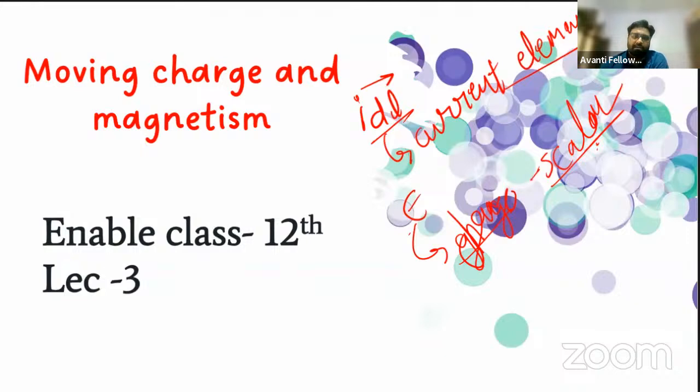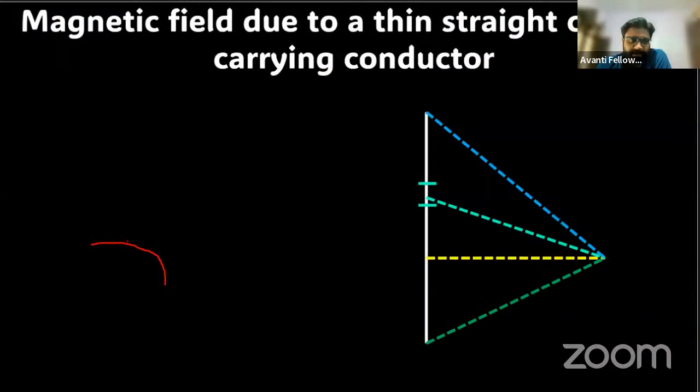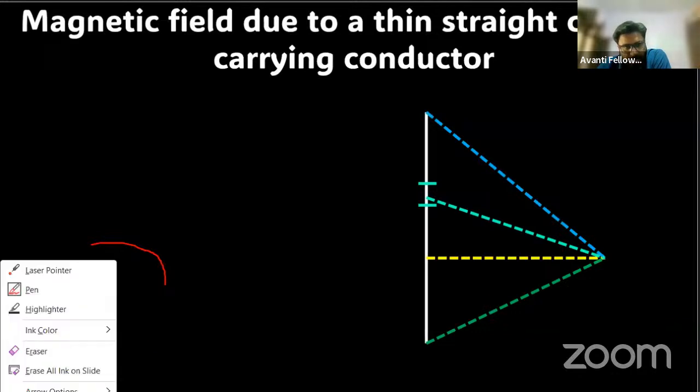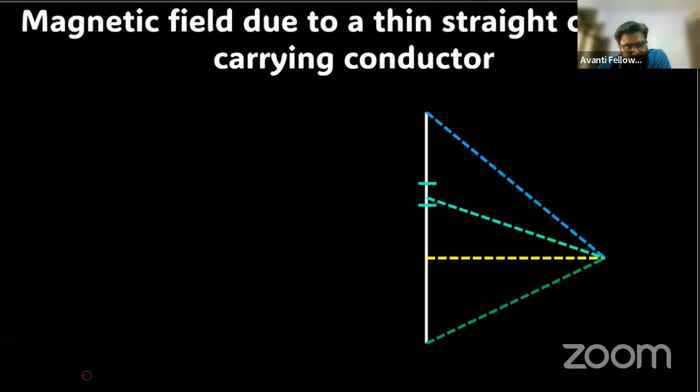Now let's continue with this and we will draw this. Magnetic field due to a thin straight current carrying conductor. If you remember, we did the same expression for the electric field due to an infinitely long charged wire, है ना?